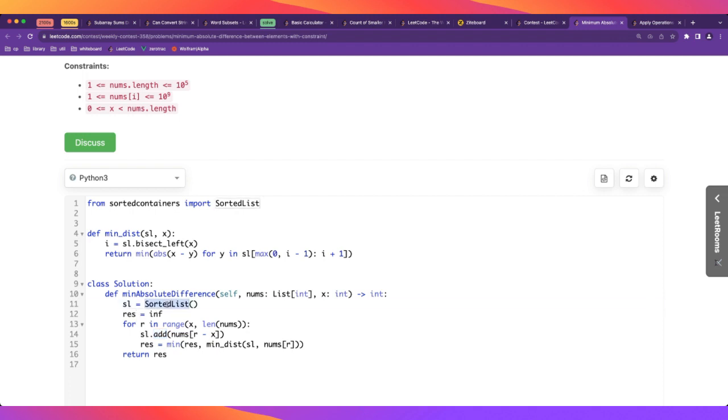In C++, there is also a non-standard data structure, this kind of structure is called an order statistic tree, or at least a kind of implementation of these operations is an order statistic tree.